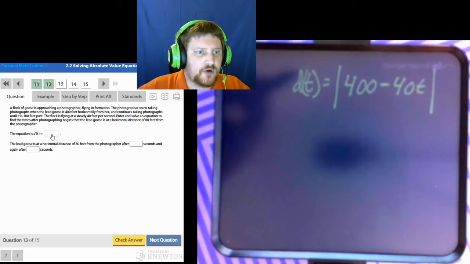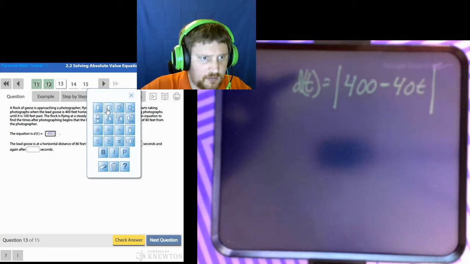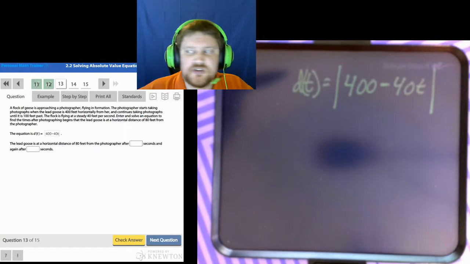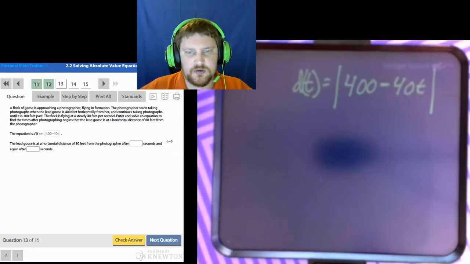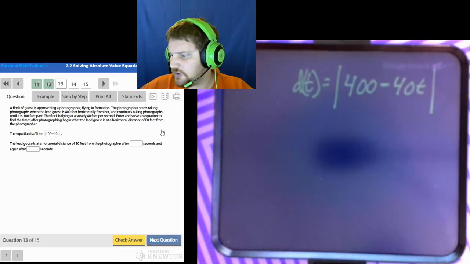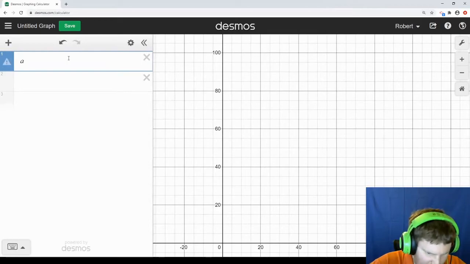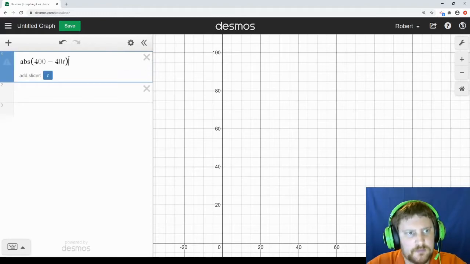So we're looking for here the absolute value of 400 minus 40t. And they want us to solve this, so I say we solve this with Desmos. And if we're going to solve this with Desmos, we need the absolute value of 400 minus 40t.